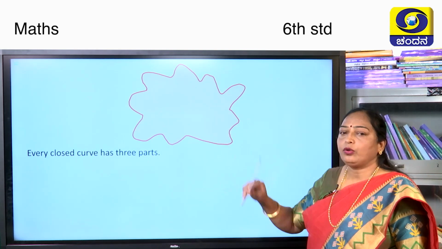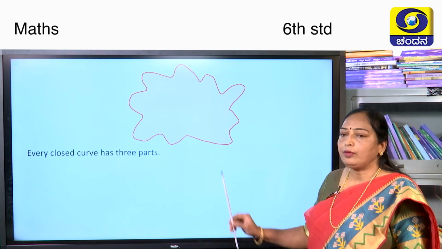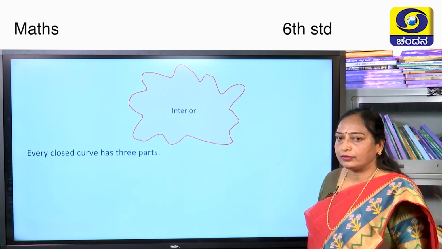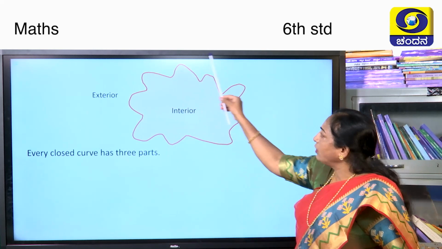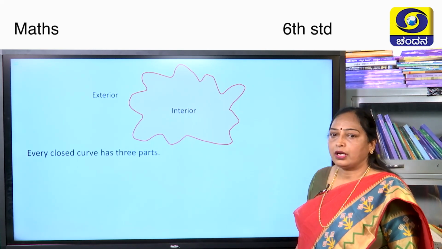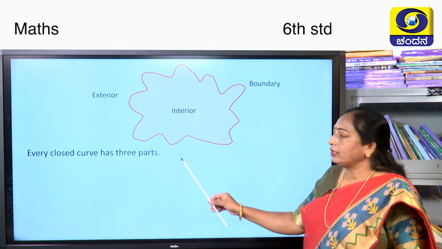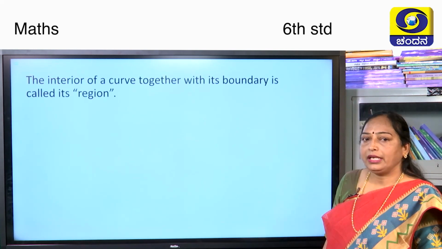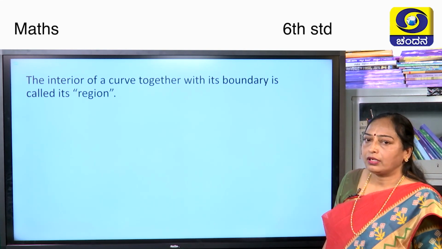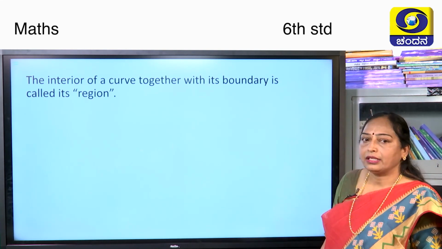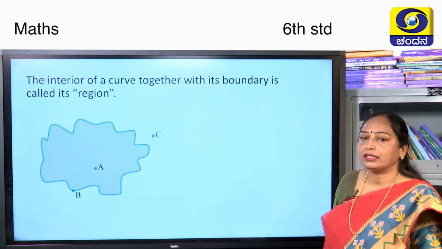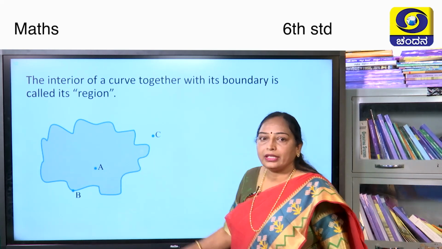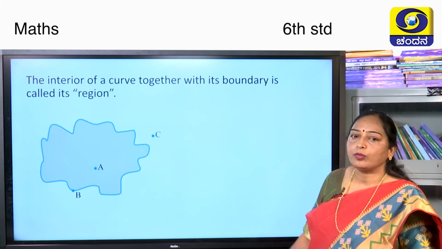Therefore, every closed curve has three parts: interior of the closed curve, exterior of the closed curve and the boundary part of the closed curve. The interior of a curve together with its boundary is called its region. Interior and the boundary together is called its region.